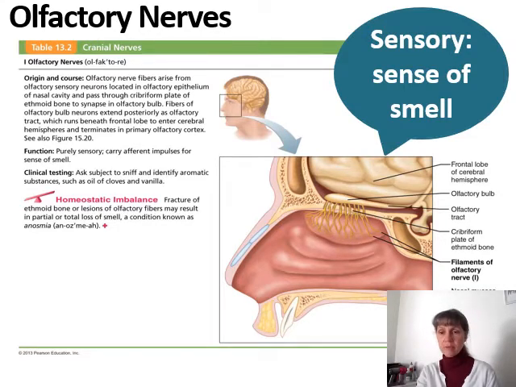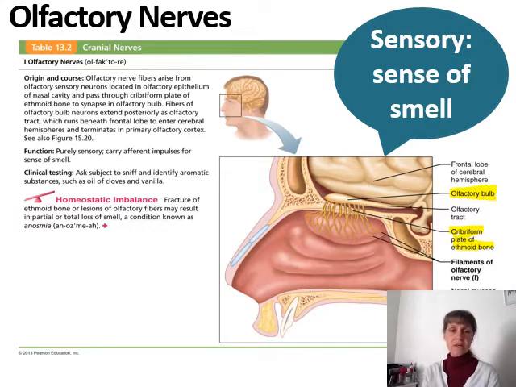You see the cribriform plate of the ethmoid bone. And those tiny little holes, the olfactory foramina, allow for the filaments of cranial nerve 1, which is the olfactory nerve, to go from the nasal cavity through those holes to synapse with a structure called the olfactory bulb.